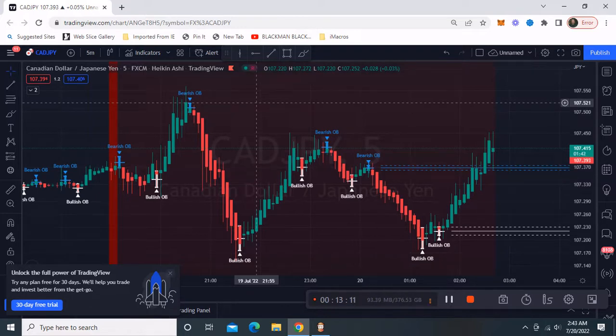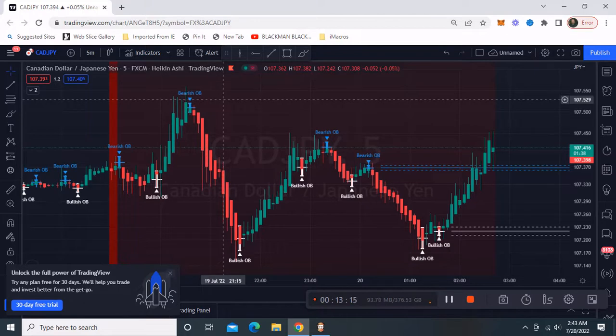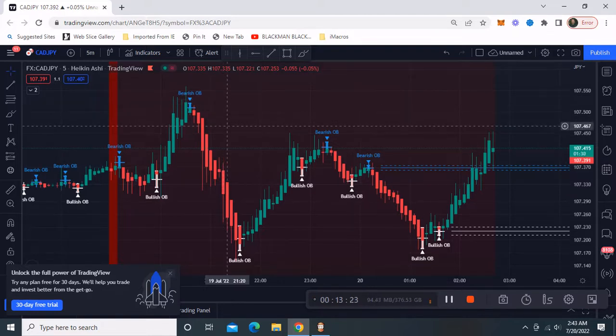Now, when you're doing order blocks and supply and demand, you're actually moving with the bank. You're no longer following the retailers, or the everyday traders like myself and you and anybody else, who would be looking for moves within these candles.